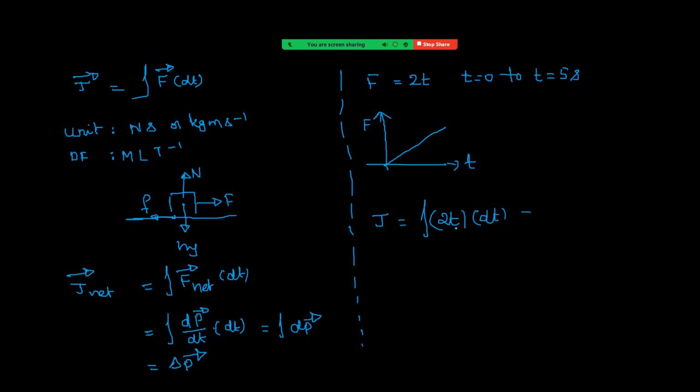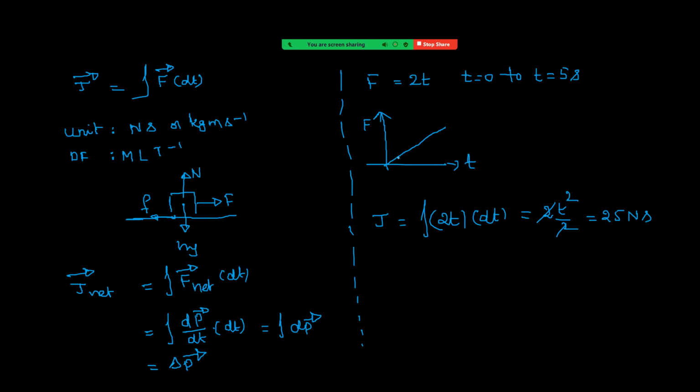Take 2 outside, integral t dt is t square by 2. Now take limits 0 to 5, which gives t square, 5 square, 25. 25 Newton second.